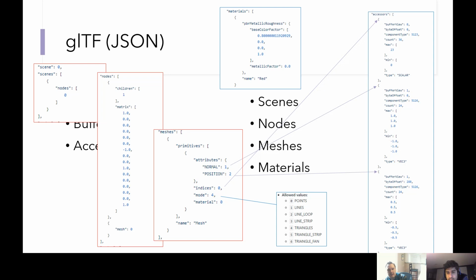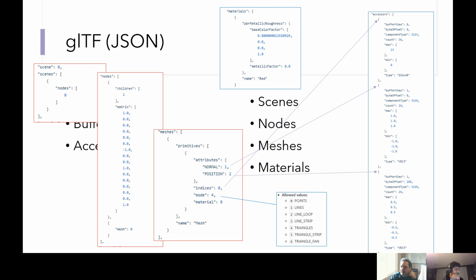So the node has a matrix, which looks like a very simple matrix, but that's the representation of 16 digits as to how the translation and scale and rotation is represented.